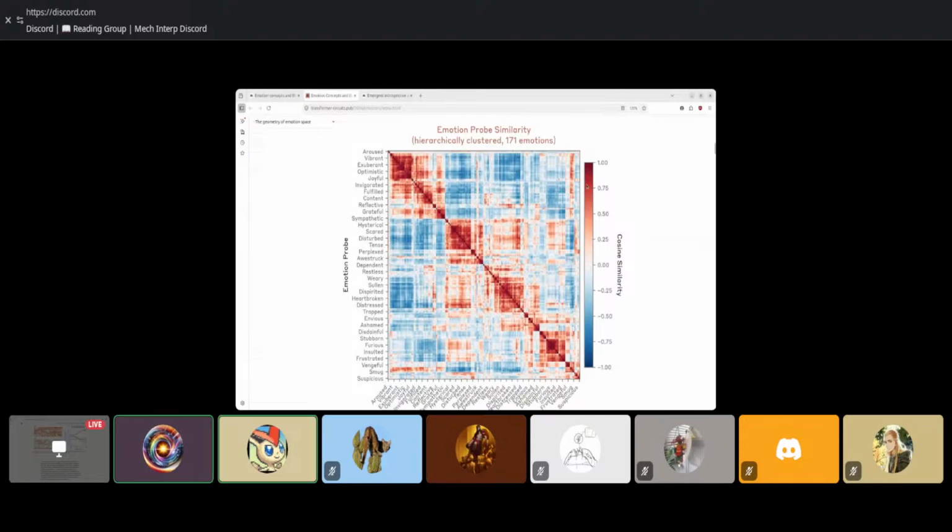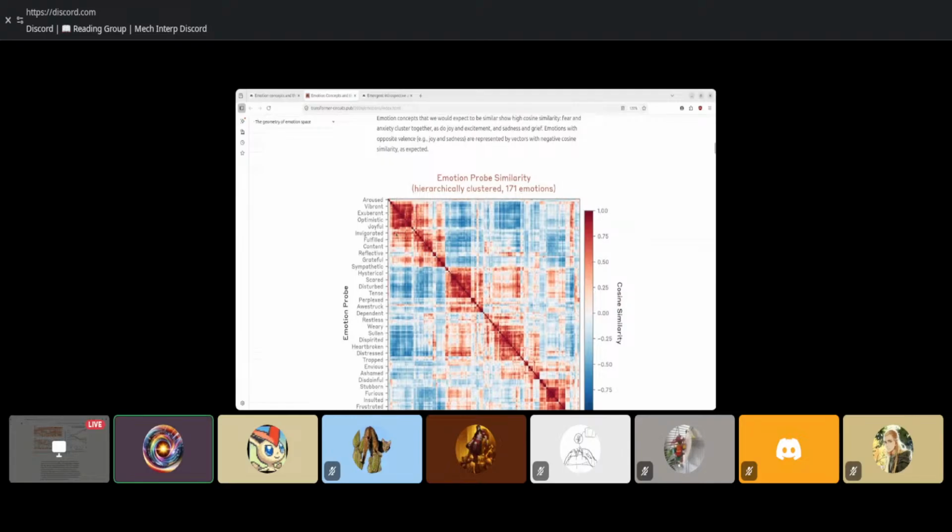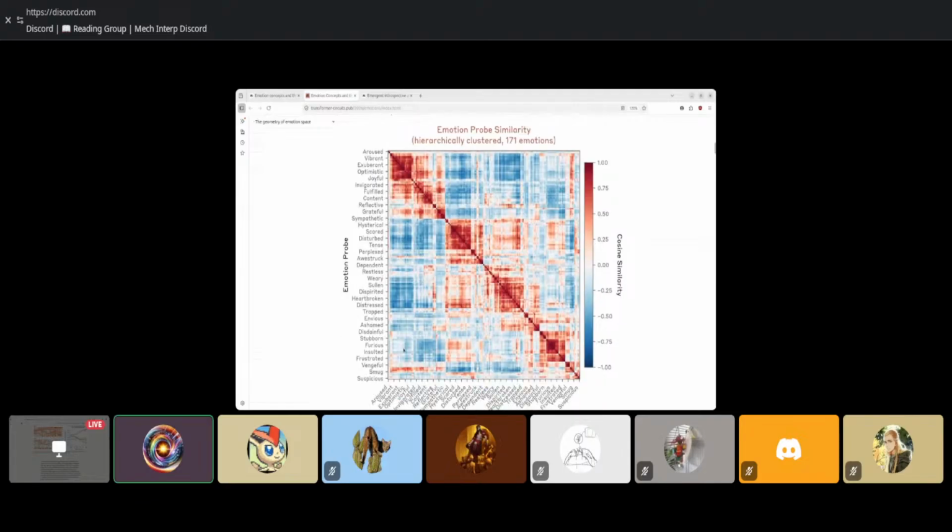I'm actually surprised that scared is similar to optimistic, exuberant, vibrant, aroused. Scared is not similar, blue. What do you mean?